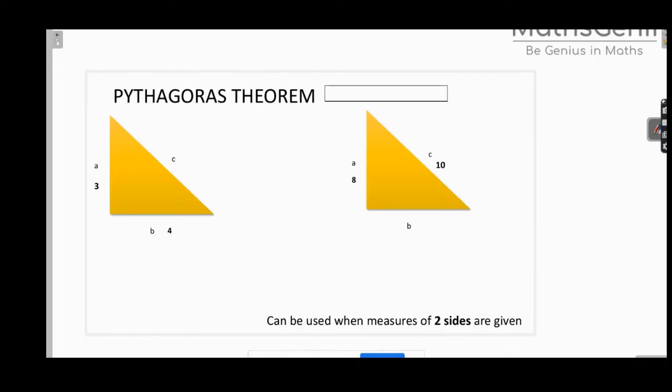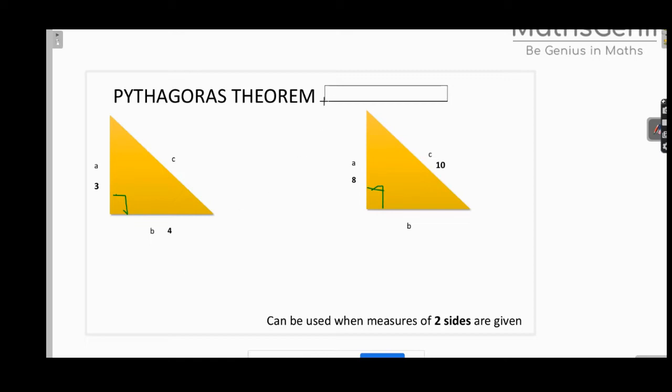Also, Pythagoras theorem is applicable for triangles which have 90 degrees and where we know the measure of at least two sides. Okay. Now, what is the formula, students, for Pythagoras theorem? This is 90 degree.